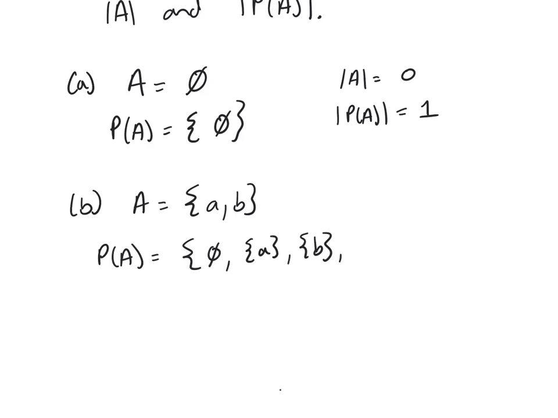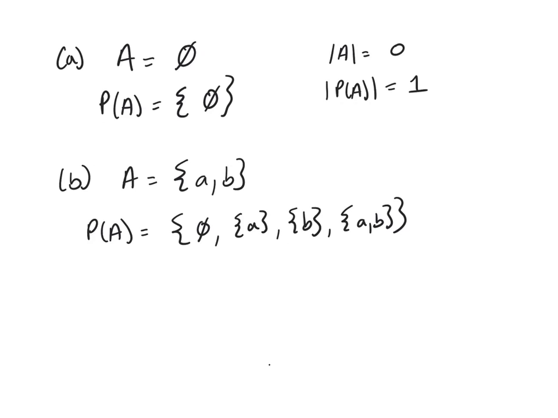And then the set itself, {a, b}, is a subset of A. And there's my power set, all my subsets of this set A. And the number of elements in A is 2. The number of elements in the power set of A is 4.